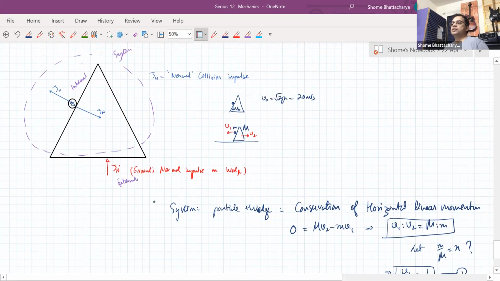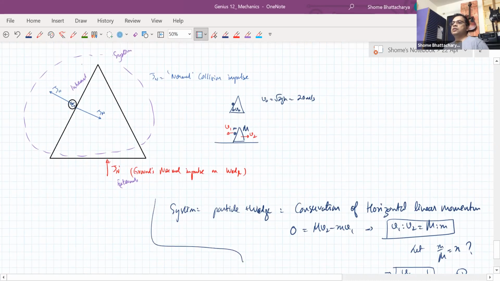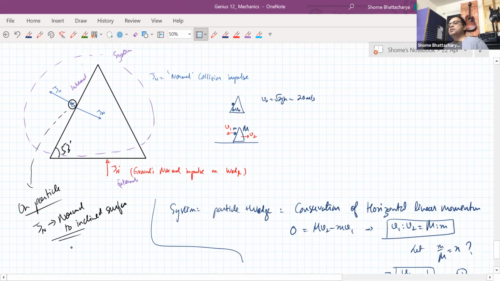That will give us something very interesting. The impulse on the particle is normal to the inclined surface, which is at 53 degrees. So that means its tangential component of momentum should be conserved.